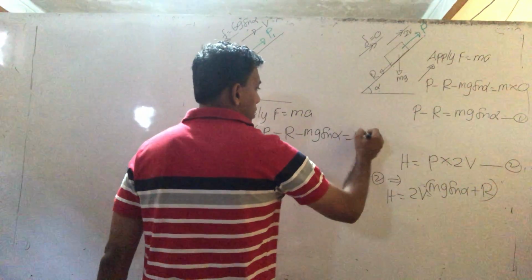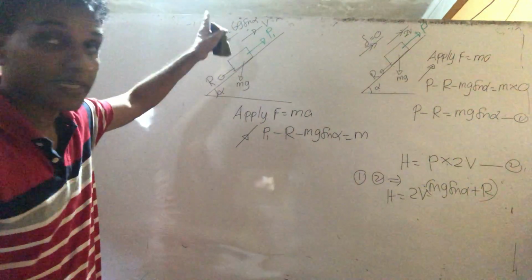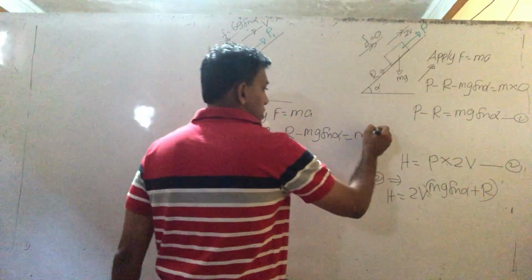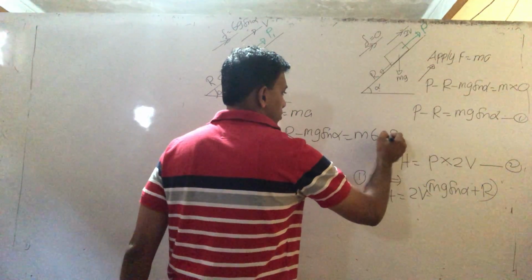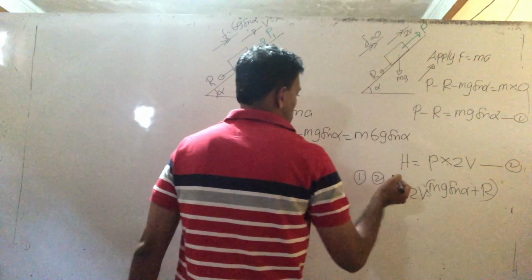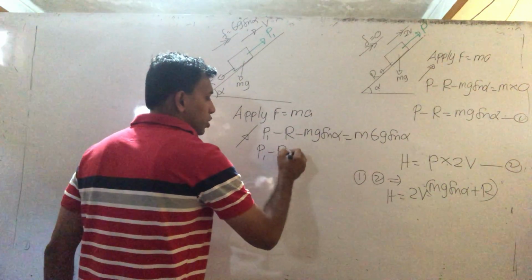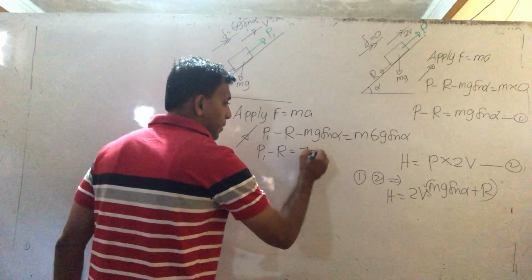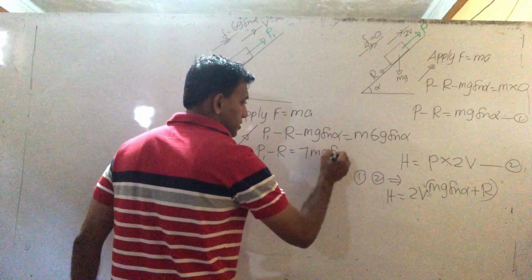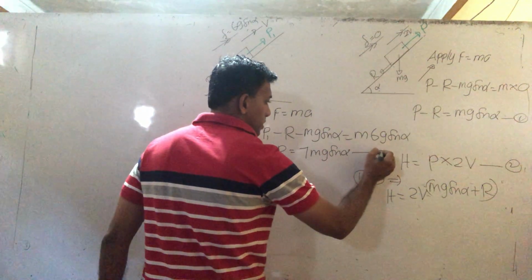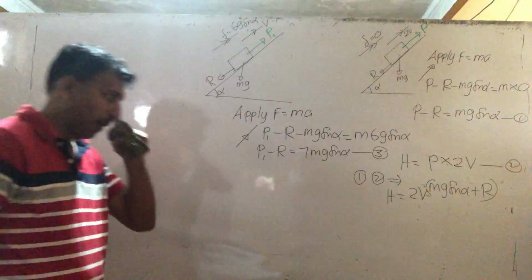Mass is m, and acceleration is 6g sin alpha. Therefore P1 minus R equals 7 mg sin alpha. I call this my third equation.